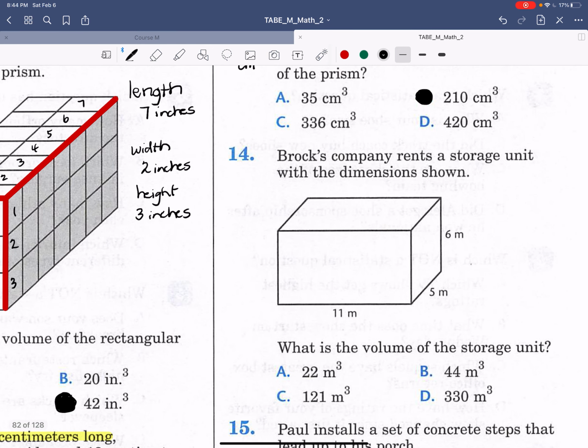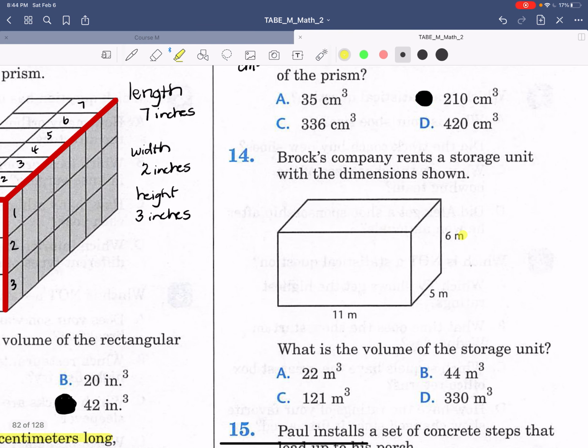Okay, number 14. Brock's company rents a storage unit with dimensions shown. So the first thing I want to check is that we're dealing with meters all around, or the same unit all around, and we are. That's a good thing. What is the volume? So the volume is the length times the width times the height.